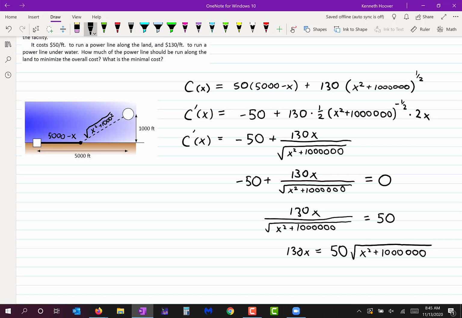On the left, we're going to get 130 squared, which is 16,900 x squared, and then equals, and on the right, we're going to get 2,500 times x squared plus 1,000,000.